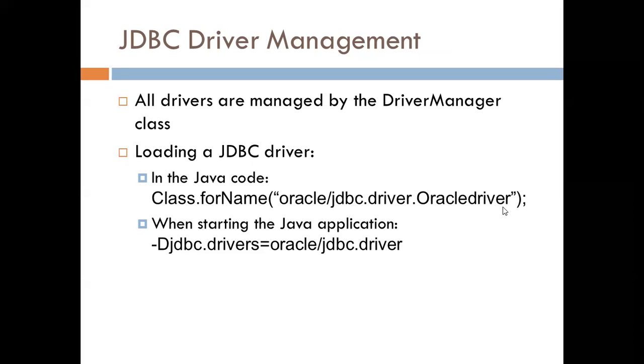There are two other ways of registering the driver: we can store the driver name in some variable and then pass it, or directly specify it in the class name. Using this method, that is jdbc.drivers equal to oracle.jdbc.driver, we can either specify it like this or directly use the other one.